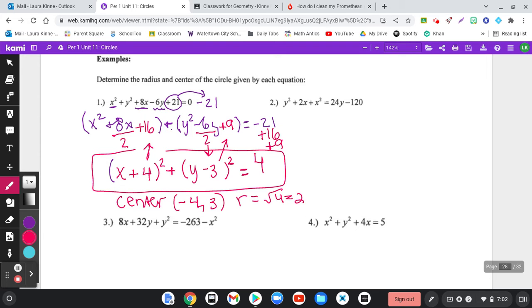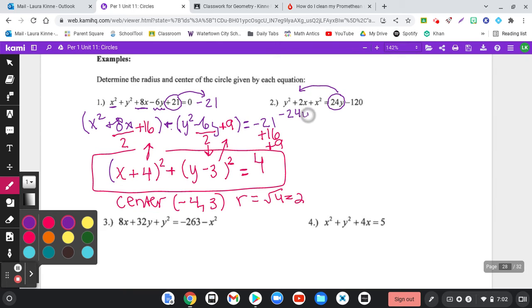Okay, so let's just try a couple others like that. Again, put your x's and y's together. I noticed that this 24y needs to be over here, so it's going to be a minus 24y. The negative 120 is already over here. So again, your first step, put your x's and y's together. So I have an x squared and a plus 2x.